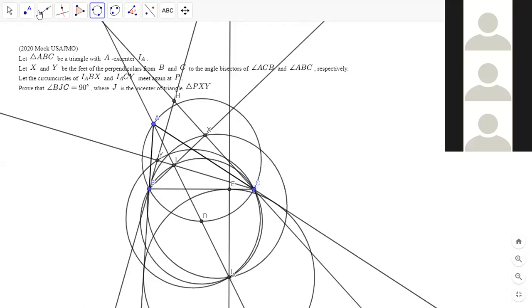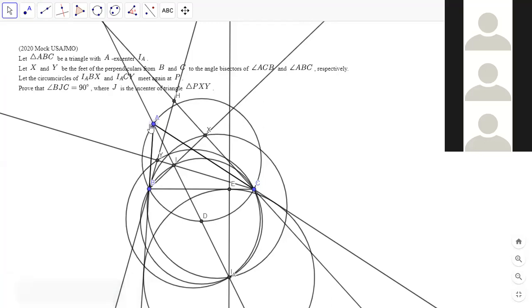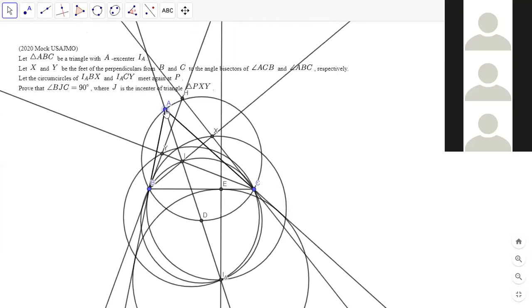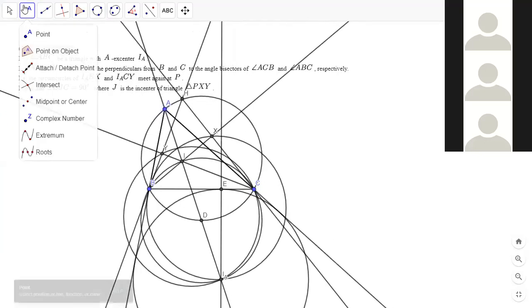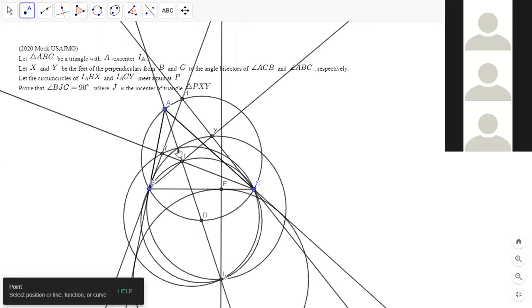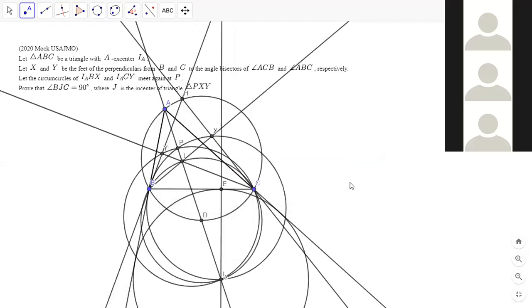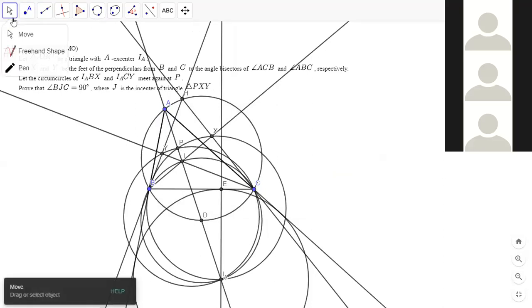It looks like P lies on the angle bisector. Not sure if that's obvious, but that's what it looks like. And we want to show that angle BJC is 90, where J is the incenter of PXY. Interesting.